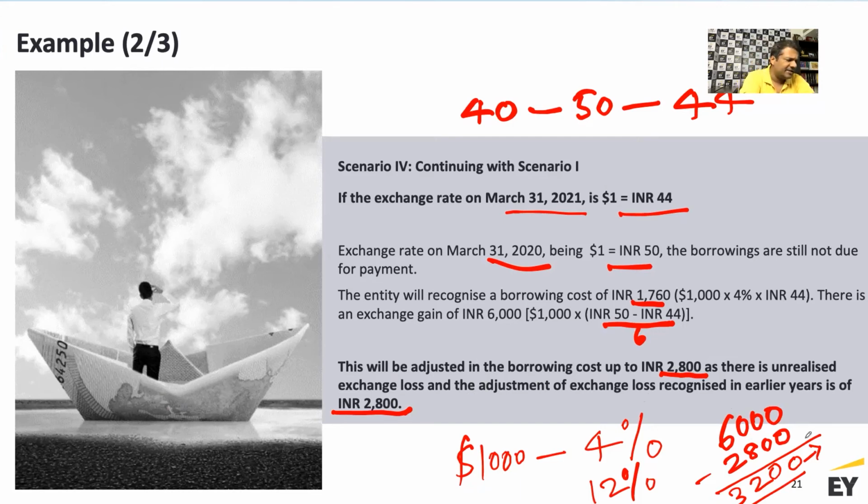Whereas this exchange gain to the extent of 2800, which I had previously capitalized, I'm going to again charge it to my capital work in progress, and I will not be allowed to record this exchange gain in its entirety through the profit and loss account. Only exchange gain in this example up to 3200 will go to P&L, whereas 2800 will be used to offset my capital work in progress, since I had capitalized that much exchange loss in the previous period.